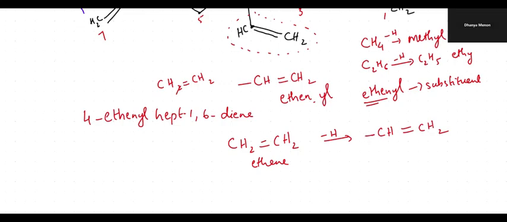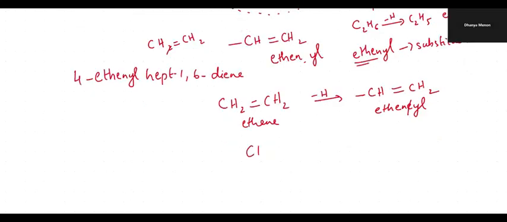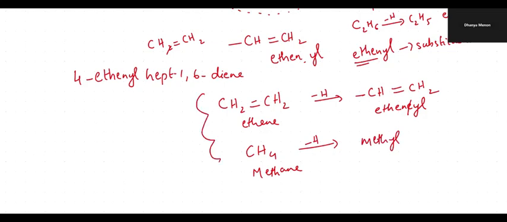Okay, so this is ethene, ethenyl, and because E is followed by Y, we remove this E and we write it as ethenyl. Just as we remove hydrogen from methane, we call it methyl. Same way. Please take a note of this. I explained it before also, just explaining it again.